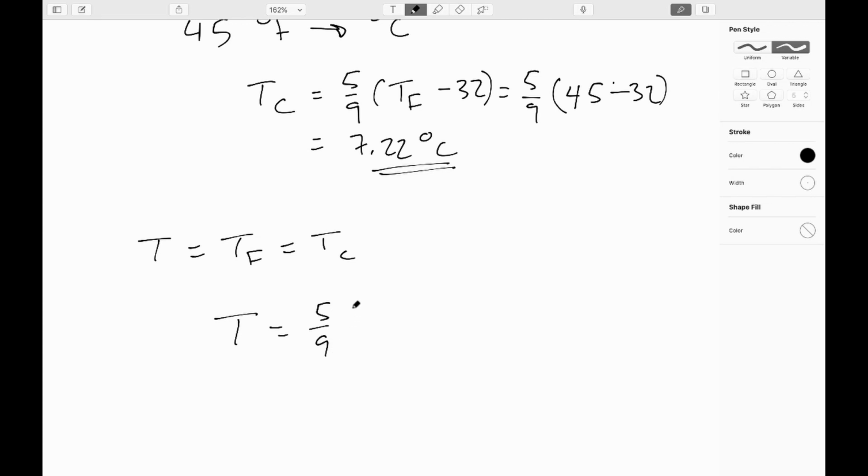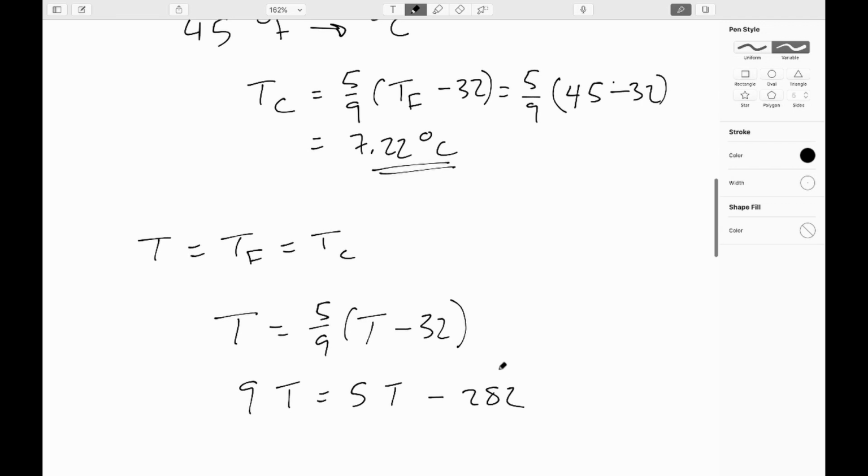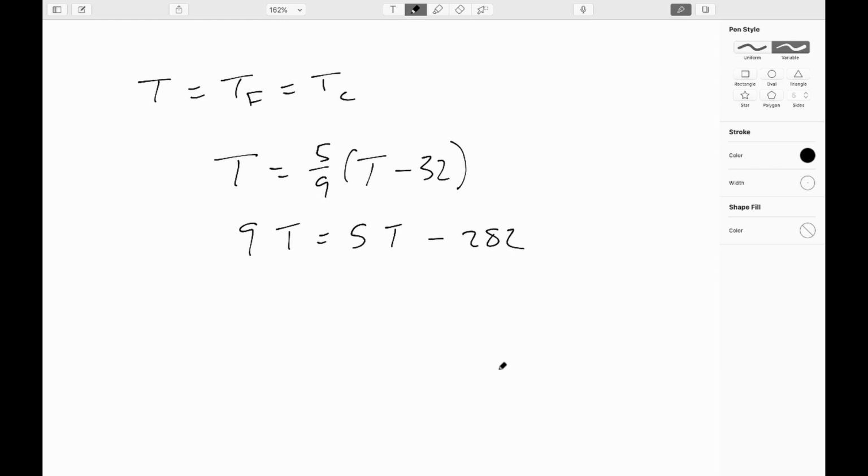That'd be T equals 5/9 of T minus 32. So, okay, we can multiply everything through by 9. 9T equals 5 times T minus 32. Oops, sorry, 5 times 32, so that's 160.